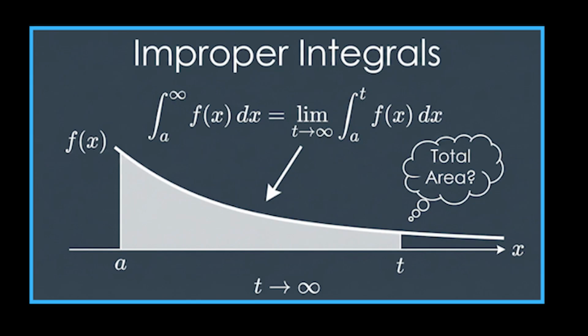So in essence, t is tending towards infinity, and we never get to the exact area, but we get close enough. This brings us now to the concept of convergence versus divergence.